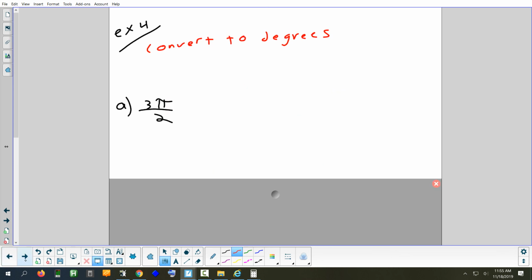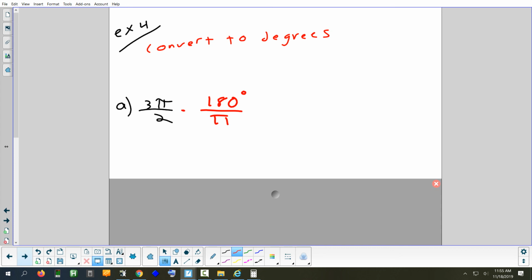Okay, now convert to degrees. So pretend next to pi, it's invisible RAD. So where is RAD going to go in this fraction? It's in the bottom. So pi radians in the bottom. What goes in the top? And you've got to put the degree symbol because it's 180 degrees.